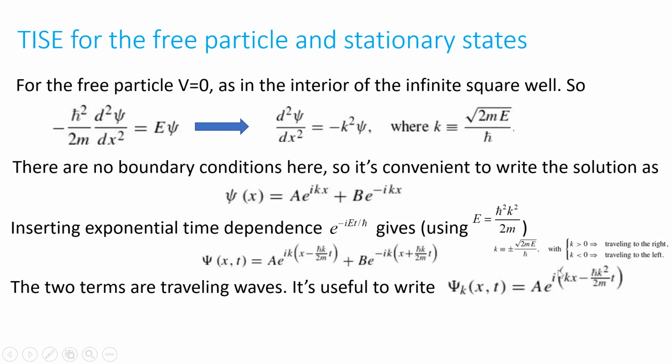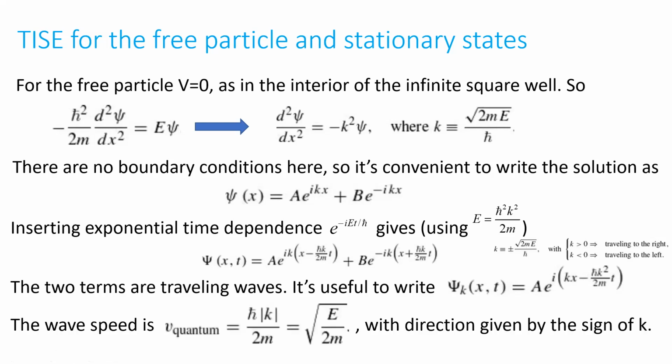If k is negative, this ikx will be negative, just like it is here. And that would represent moving to the left, whereas if k is positive, it represents moving to the right. So we can represent both of these with a single representation where k can be positive or negative.